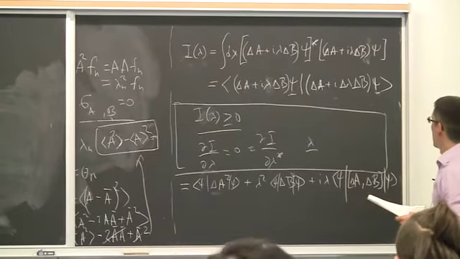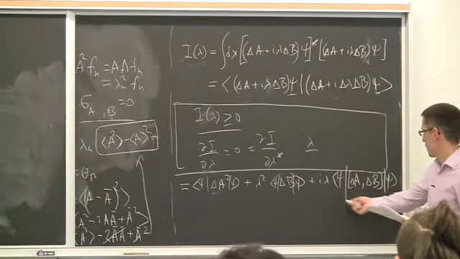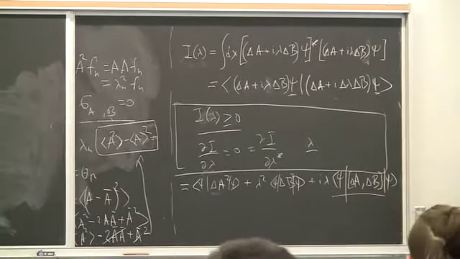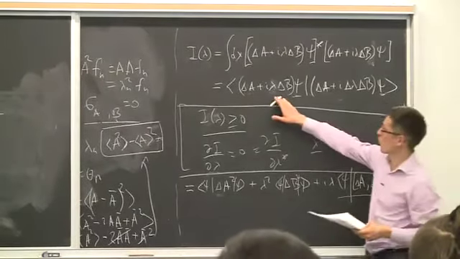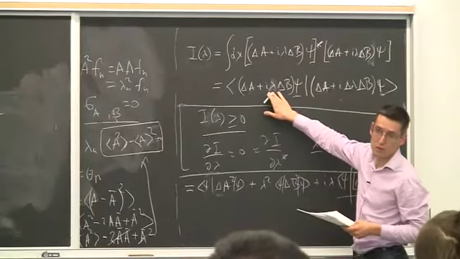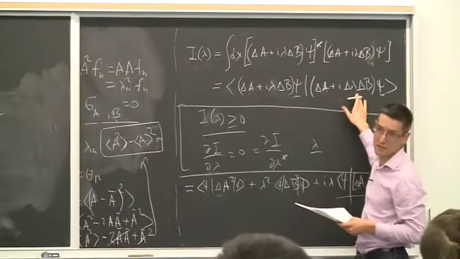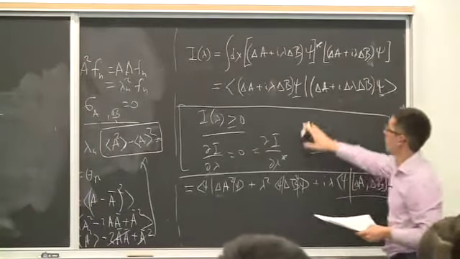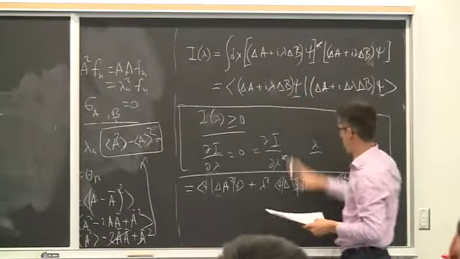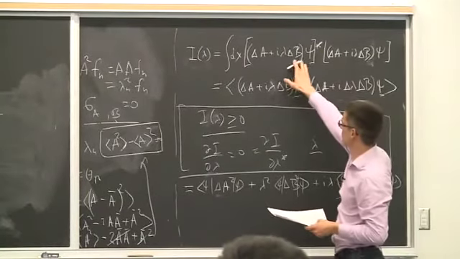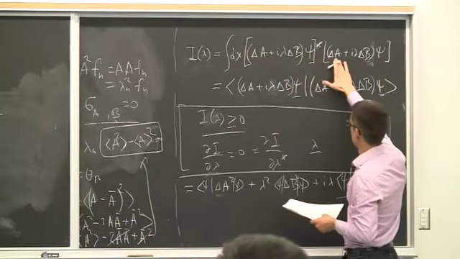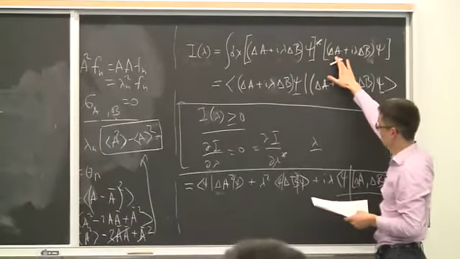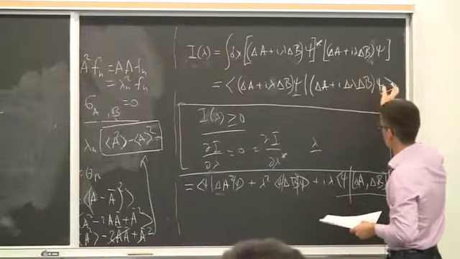Now, why do we have a commutator here? It's relatively easy to see because one i lambda goes to the bra, another i lambda goes to the ket, and if you account for this conjugation, one i lambda term will be, say, delta B, which comes from the bra, with a minus sign, then we'll multiply in delta A in the ket part.